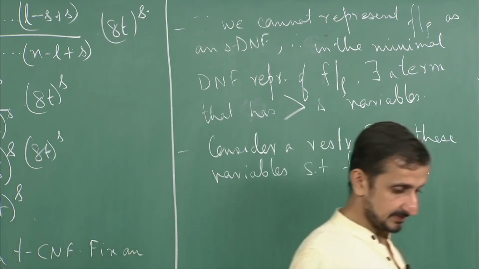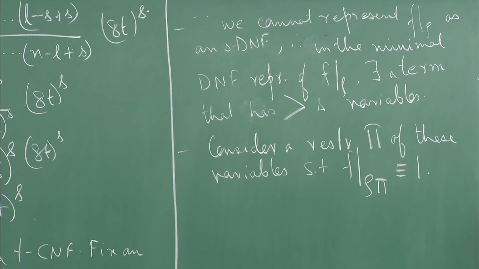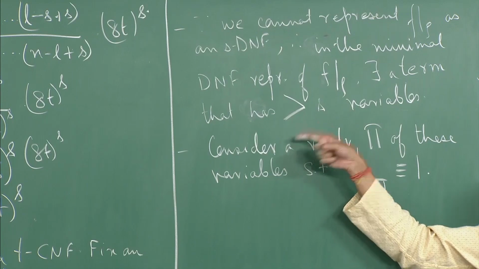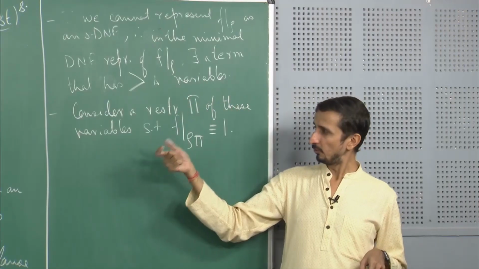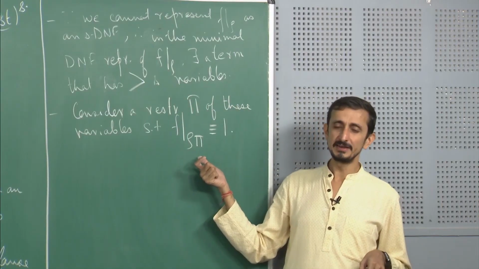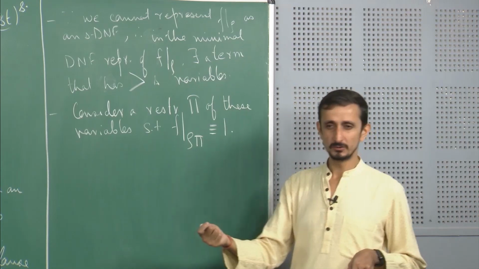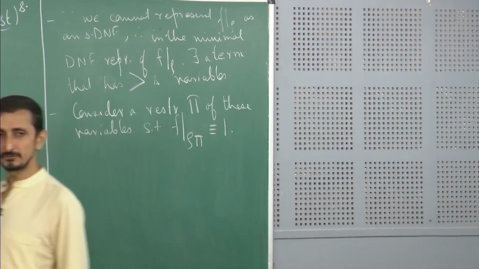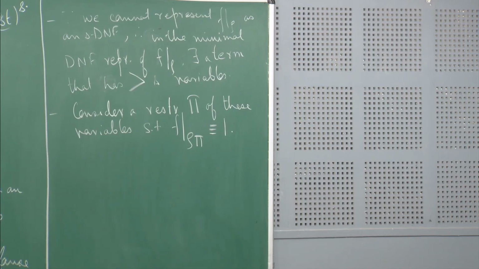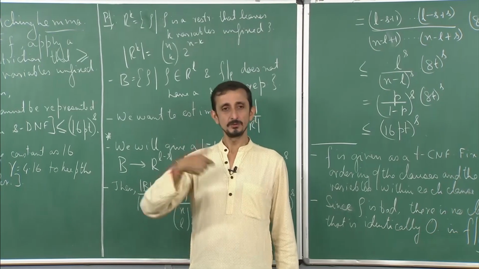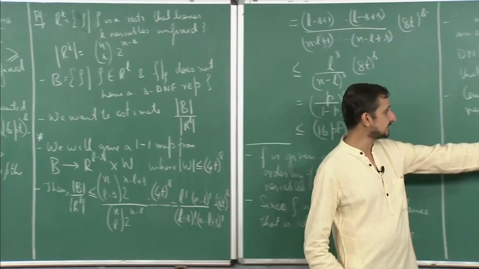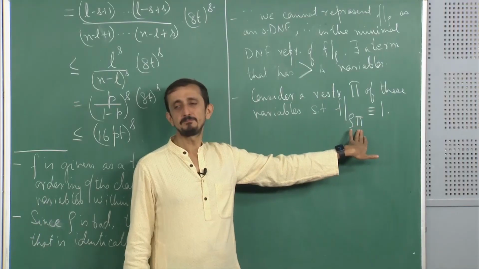Okay. So, basically what we are saying is that now look at that term. There is this term which has greater than S many variables. Now, look at a fixing of those variables to some values. Okay, so if it is a literal in the positive form, then you set it to 1. If it is a literal in the negated form, you set it to 0. Okay, that is essentially the restriction pi.